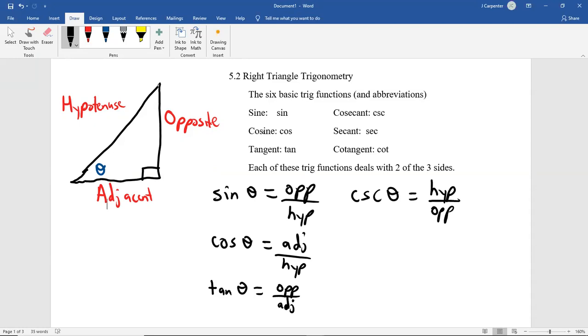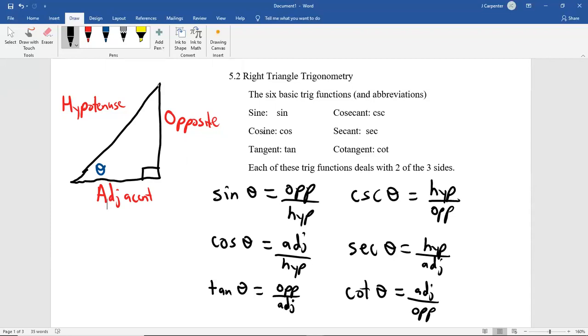If cosine is the adjacent over the hypotenuse, then secant of the angle is the hypotenuse over the adjacent. And if tangent's opposite over adjacent, that makes cotangent, or cot, of the angle adjacent over the opposite. So again, please note that each one on the right is just the flipping of the one on the left, flipping by reciprocal.